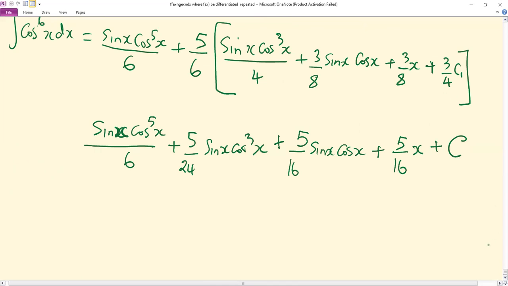So this is the integral of cos power 6 x dx.